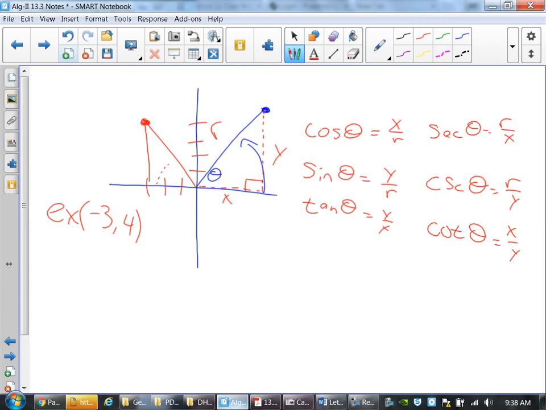Theta comes up. What's your opposite? 4. What's your adjacent? -3. What's your radius?